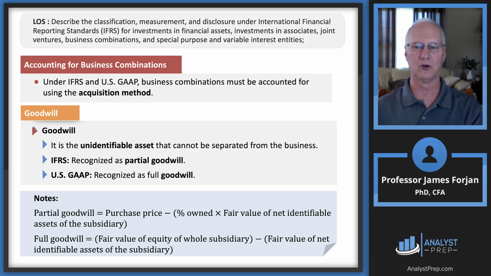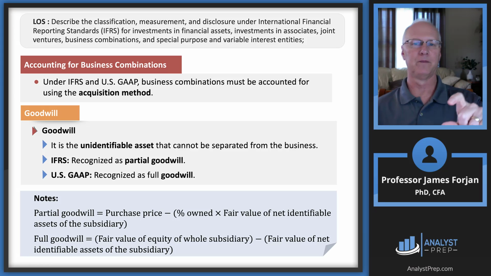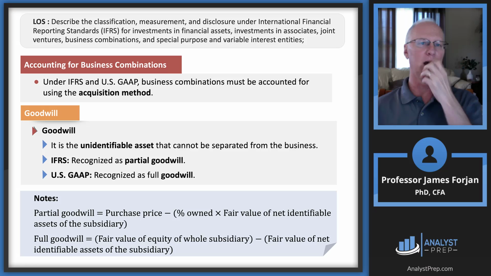That's the partial goodwill, but full goodwill is the fair value of the equity of the entire subsidiary minus the fair value of those identifiable net assets. So partial goodwill and full goodwill, I would make sure I know the difference just as it relates to this LOS where you're describing the differences.